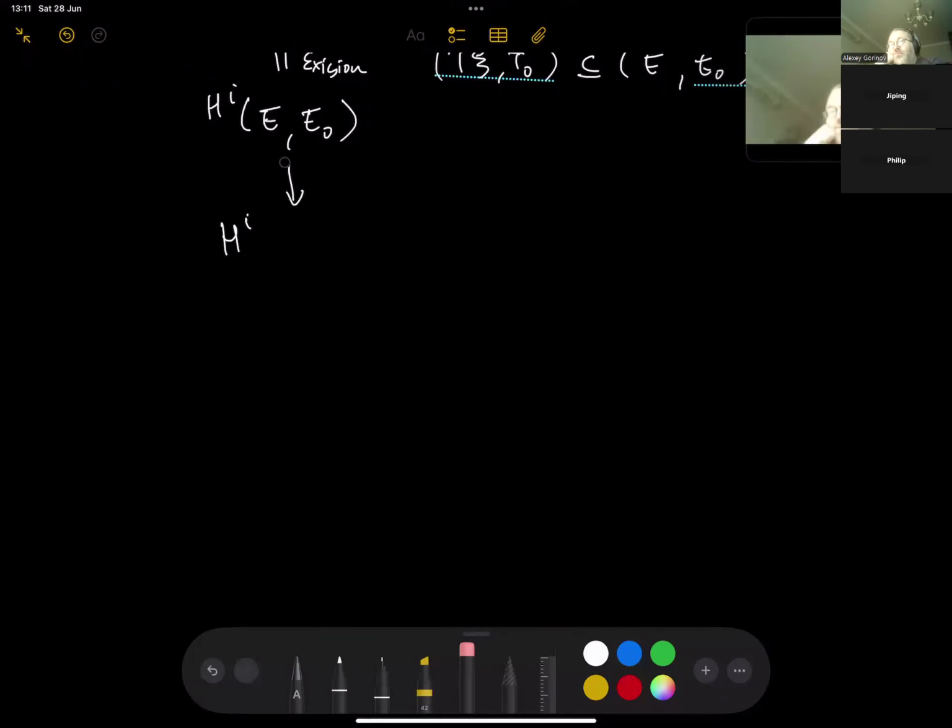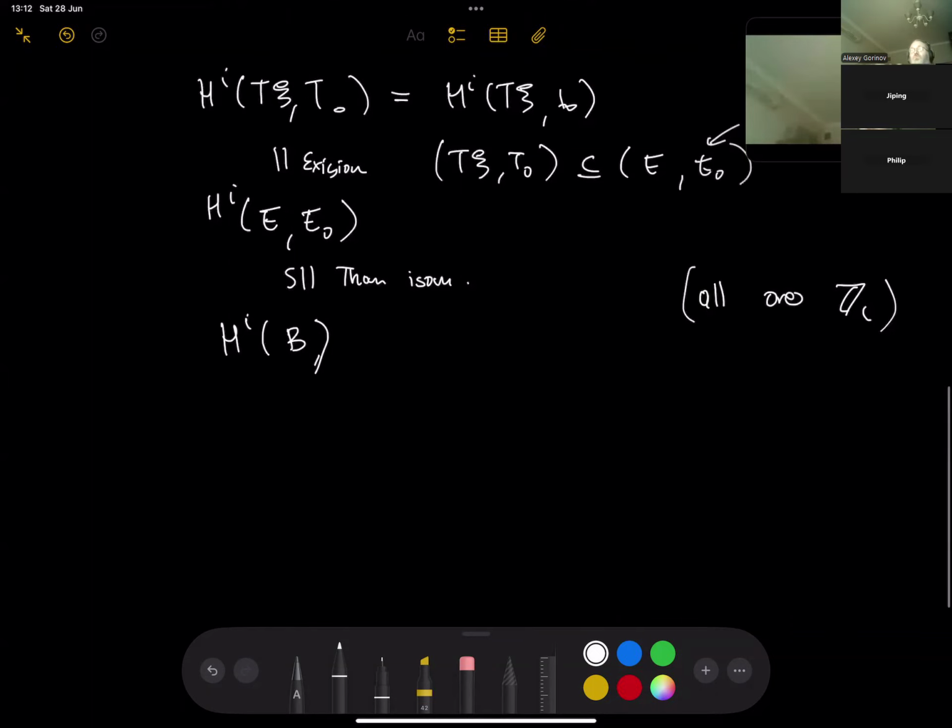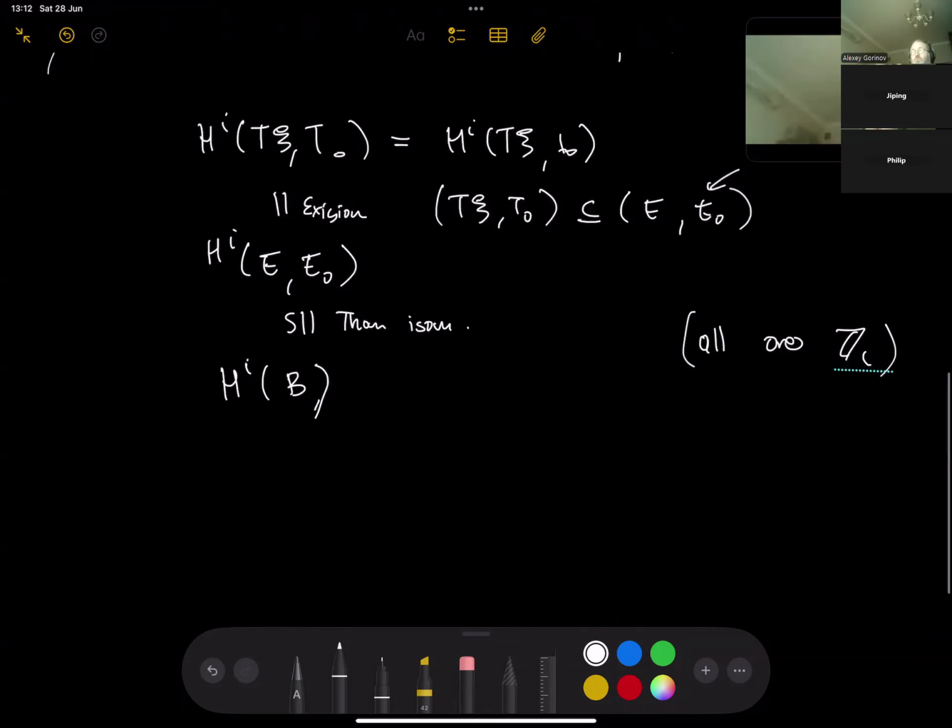I drew the inverse, but I'll just draw this. And this is the base. Basically, it's a sequence of isomorphisms.